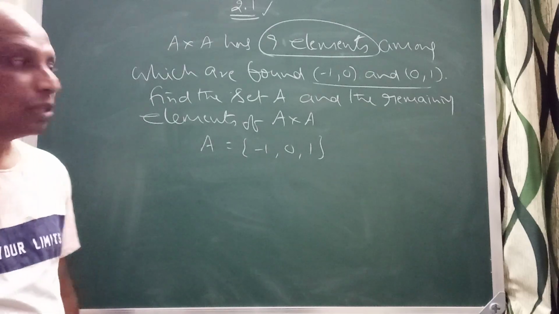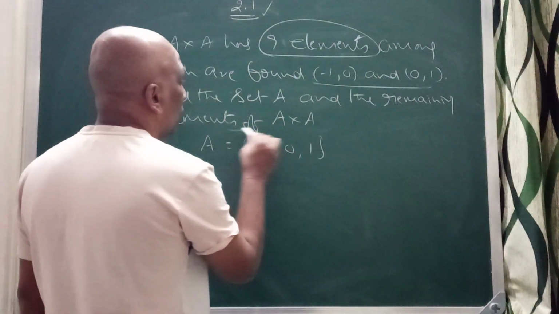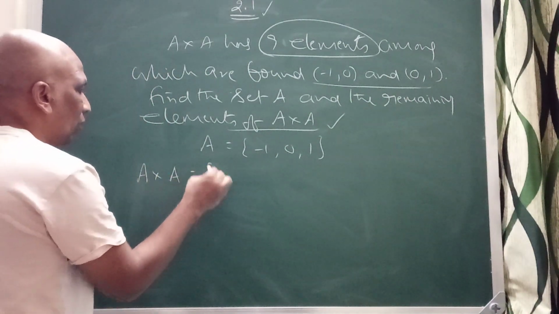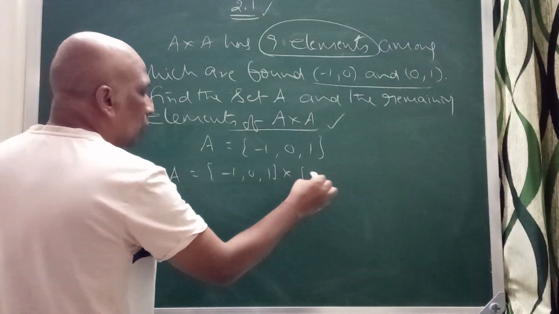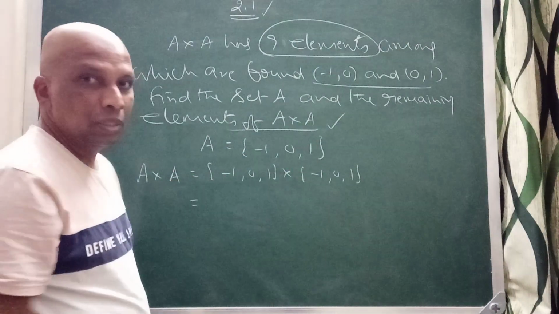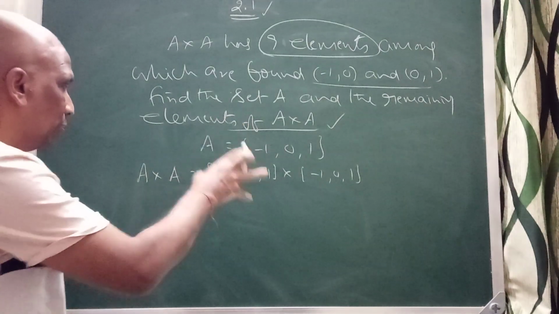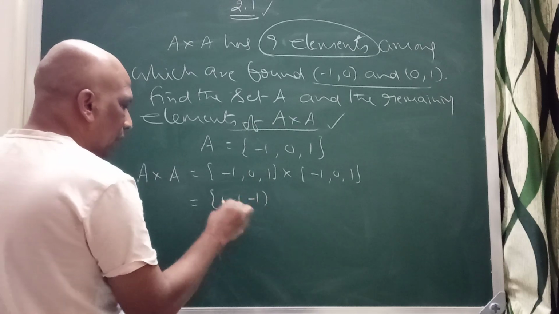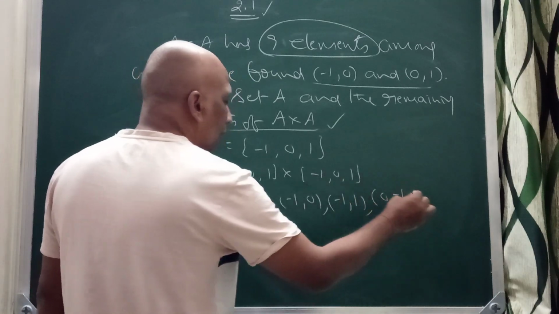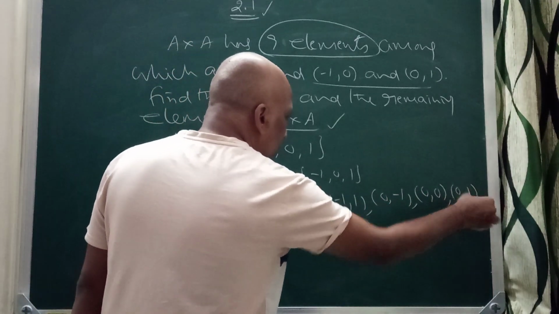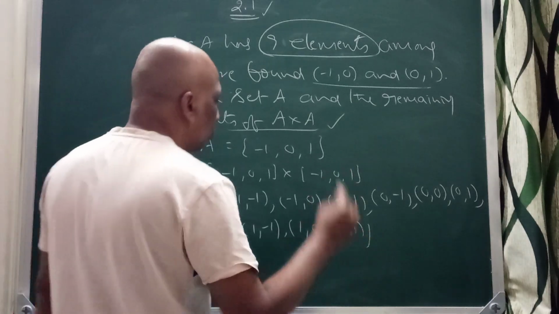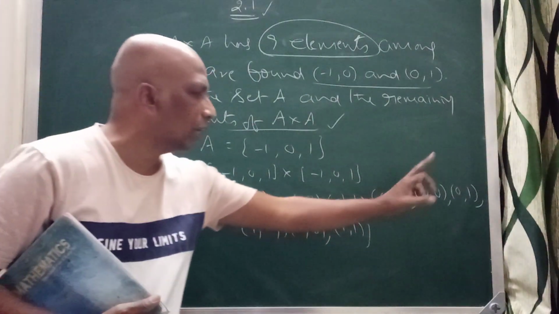Now A cross A is the set of ordered pairs: (minus 1, minus 1), (minus 1, 0), (minus 1, 1), (0, minus 1), (0, 0), (0, 1), (1, minus 1), (1, 0), (1, 1). We got 3 into 3, 9 elements.